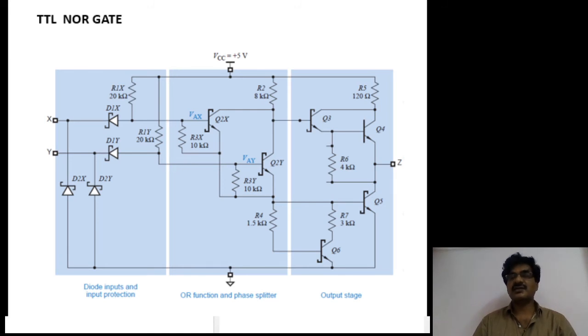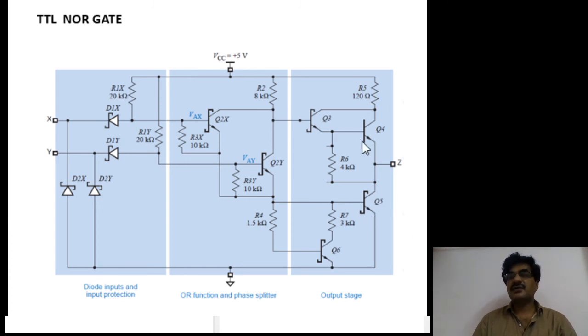That voltage is not enough to switch on the two transistors Q2X and Q2Y. Therefore both the split transistors are off. Hence the following Q5 transistor is off.